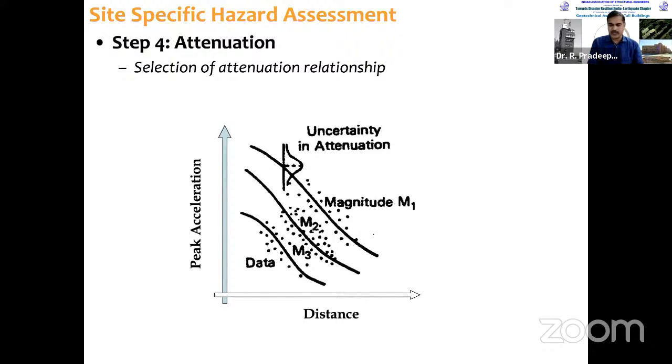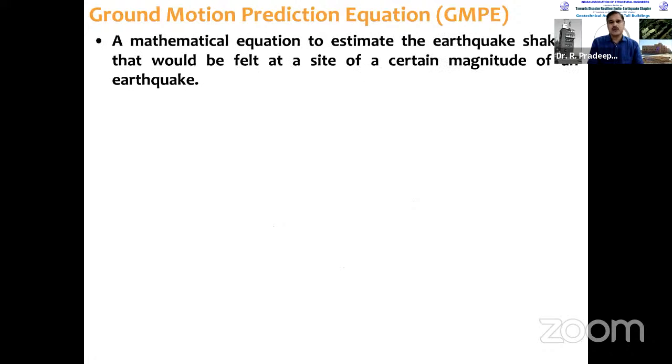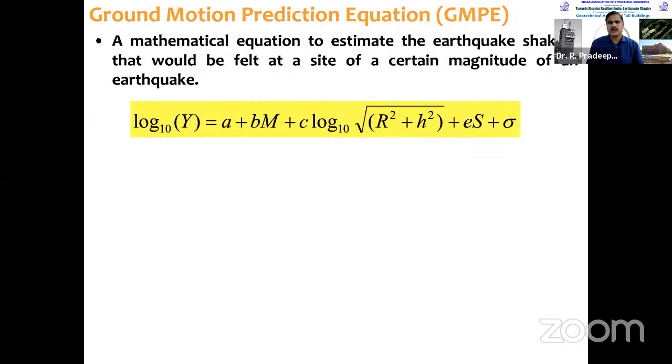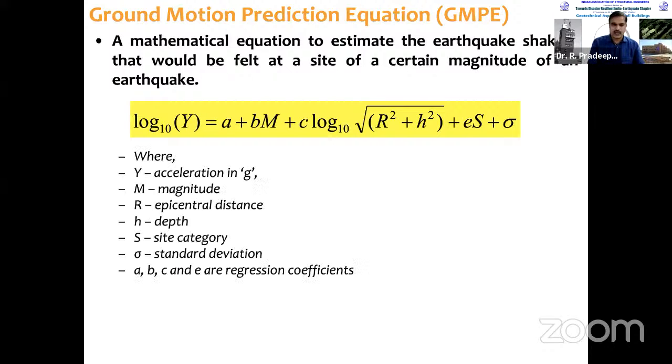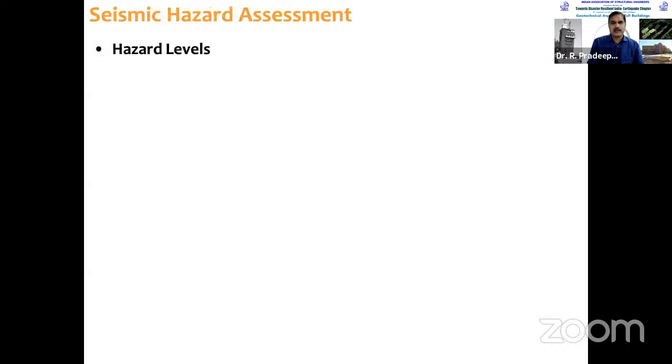I will explain that slightly later. It is a mathematical equation to estimate the earthquake shaking felt at a site for a certain magnitude of earthquake. This is a typical attenuation relationship. Here Y is the acceleration experienced at the site, and M is magnitude, R is epicentral distance, H, and all the parameters we plug in to get the peak ground acceleration.